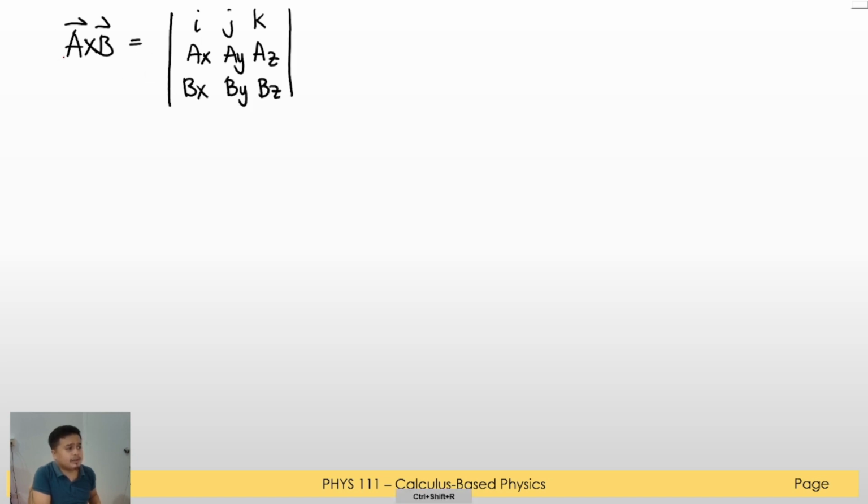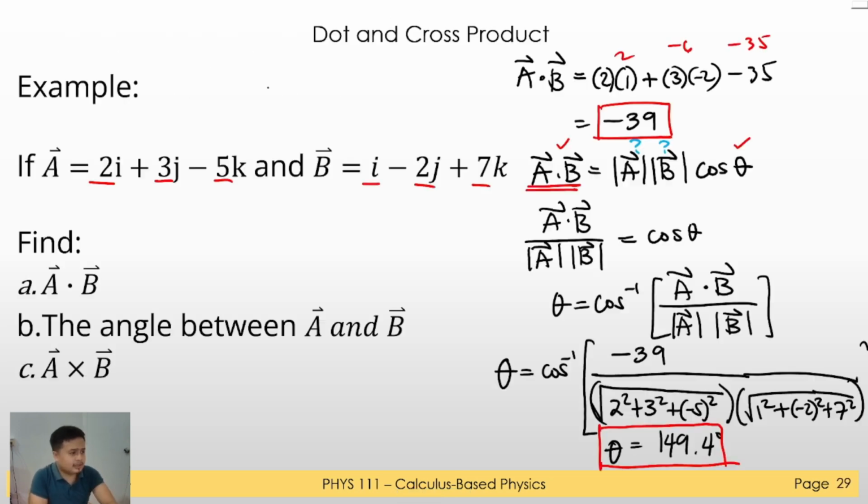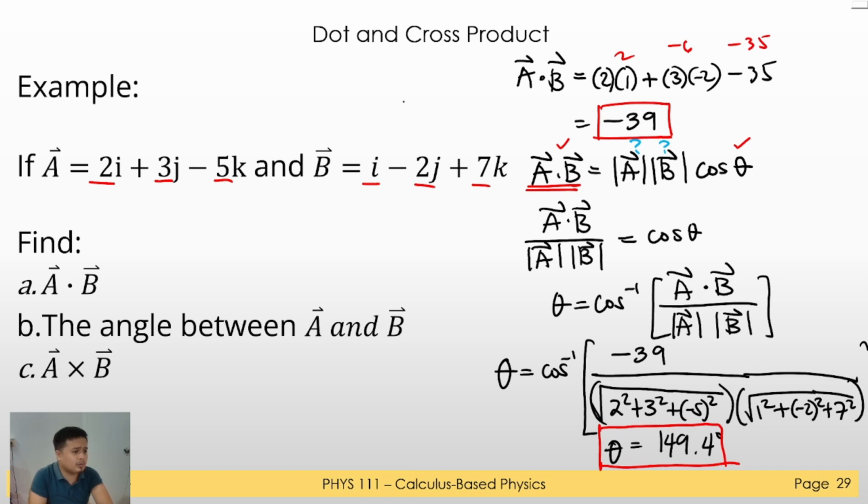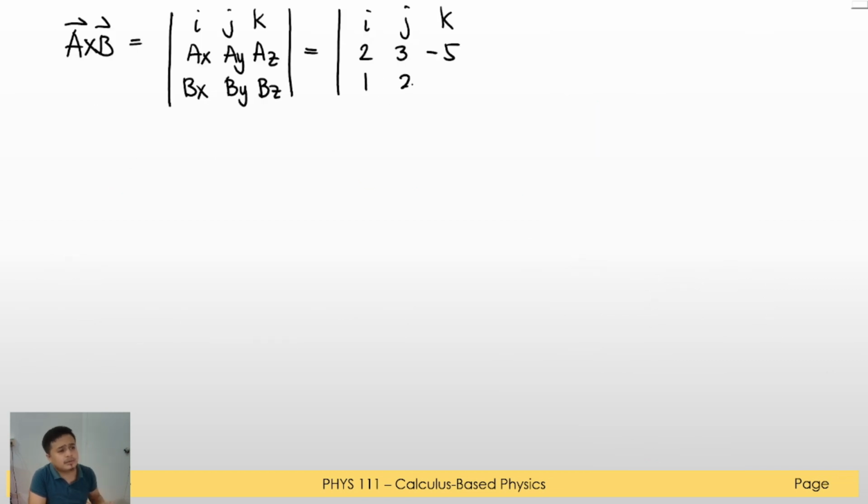Be mindful that if A is first, A will always be first here. So let's substitute the values: i, j, k, then 2, 3, negative 5, and then 1, negative 2, and 7. We want to evaluate this determinant.